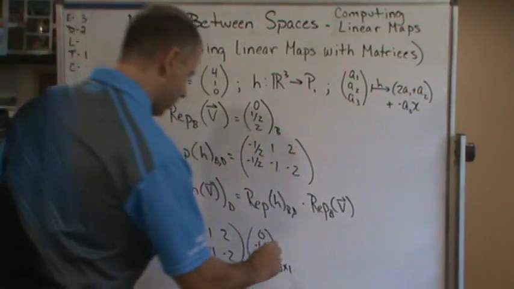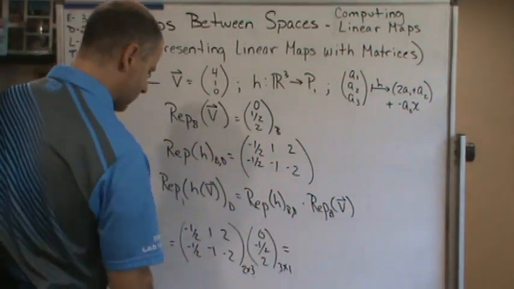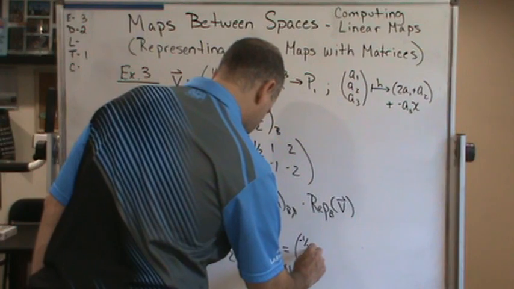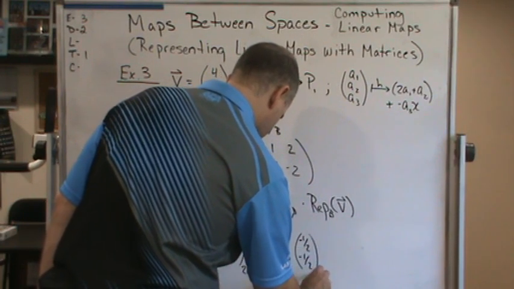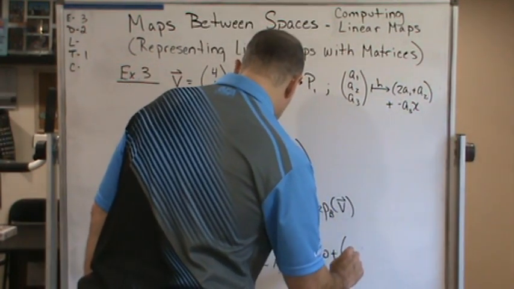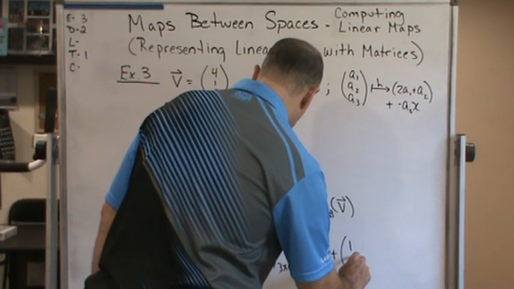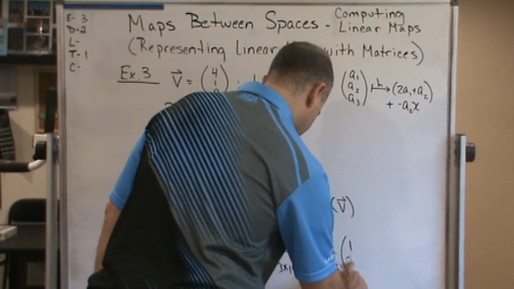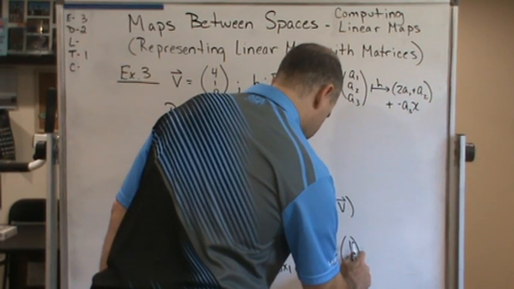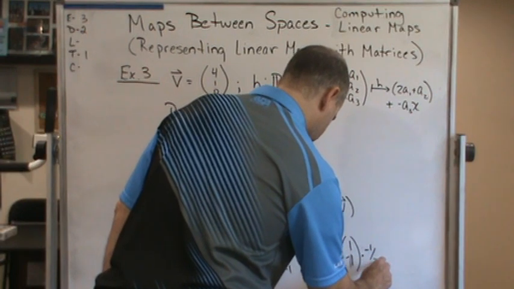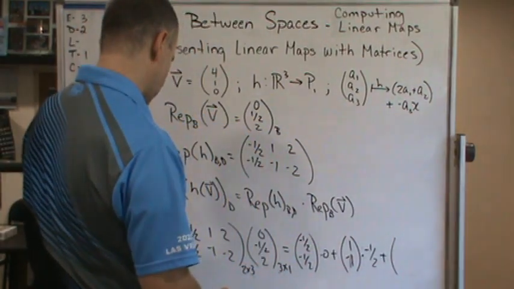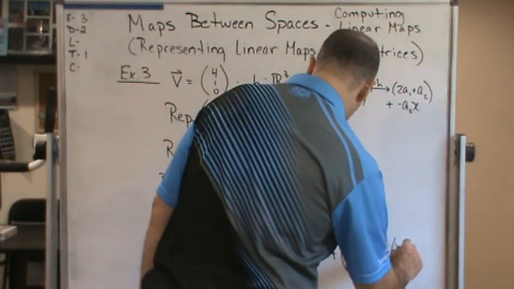And so now we're going to take 0 times the first column, plus negative 1/2 times the second column, plus 2 times the third column.